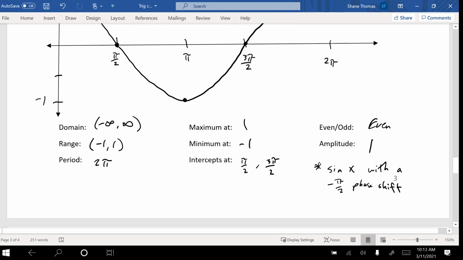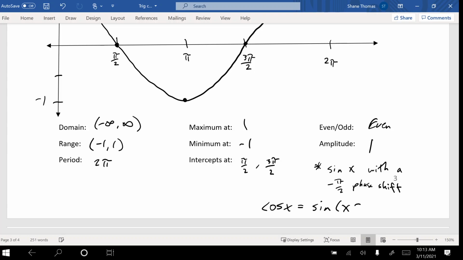So with that phase shift, cosine of x is equal to the sine of x plus pi over 2. Questions? Plus pi over 2.